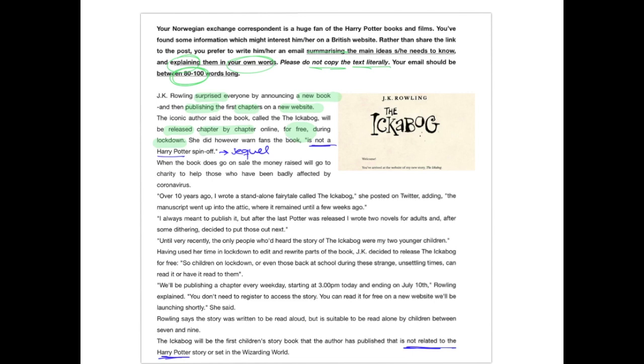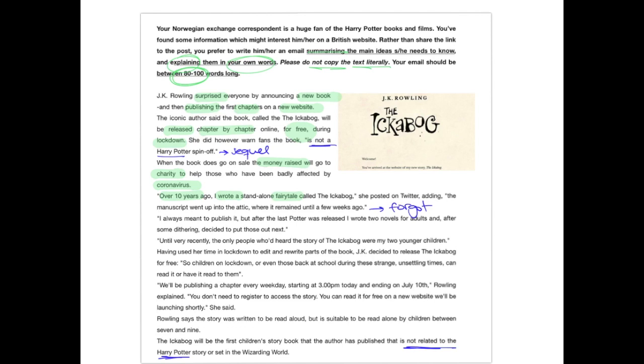Okay, it also says the money raised, charity, to people affected by coronavirus. Okay, over 10 years ago, she wrote the fairy tale, but then it went into the attic and it remained there until a few weeks ago. That means she forgot about the book.